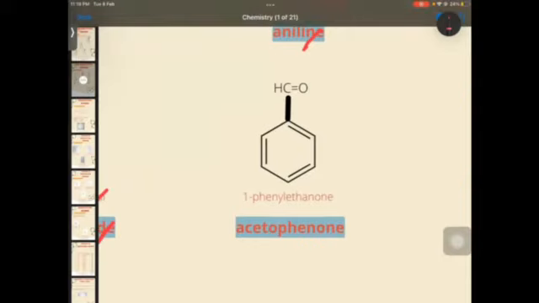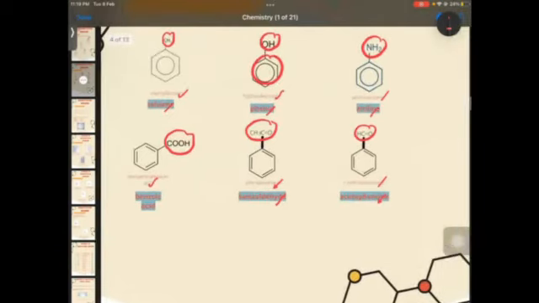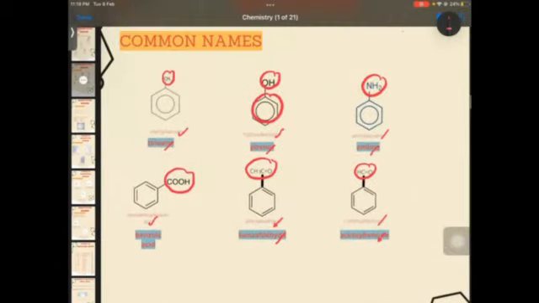Last one, HC double bond O, attached in carbon number 1 with a benzene ring. It will be phenyl methanal. This is a common name, but the special name can be benzaldehyde. So, these are the 6 special names that you should remember.